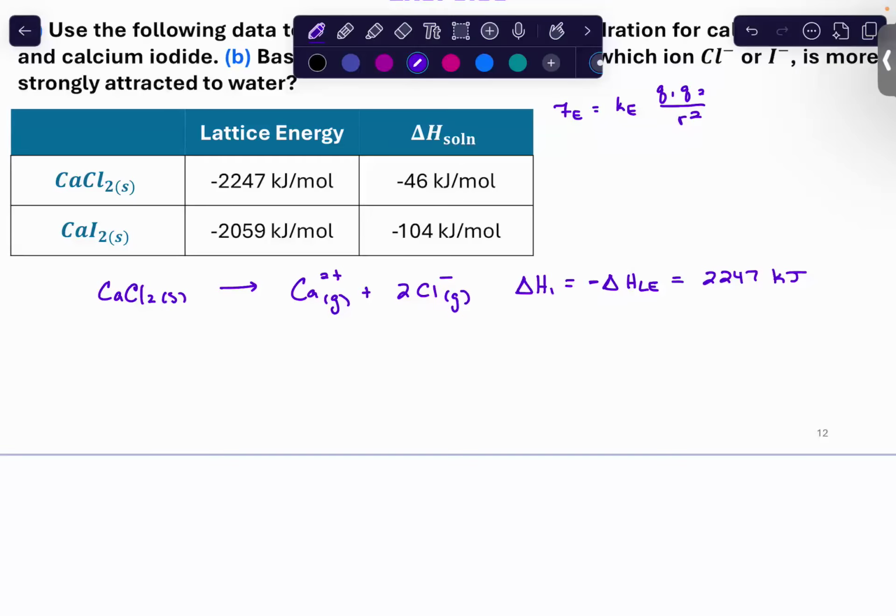Then we're just going to go to the hydration stage, where your calcium and your chlorides are going to go from gas to aqueous phase.